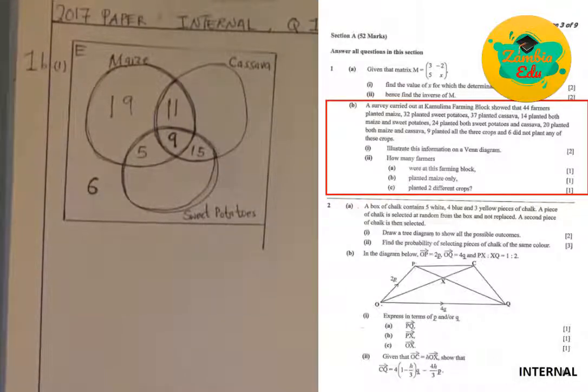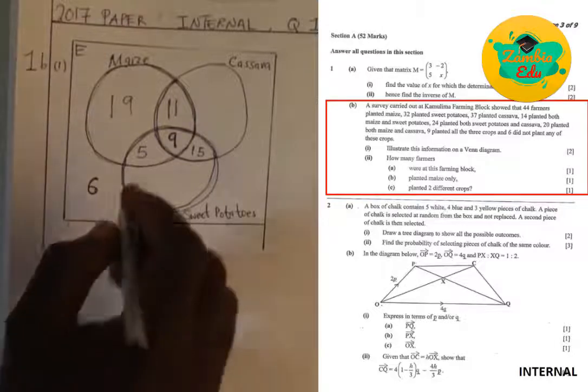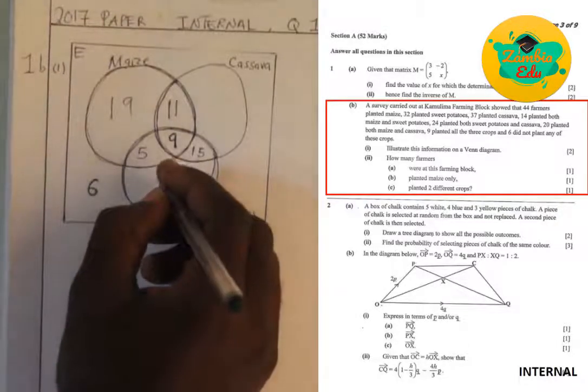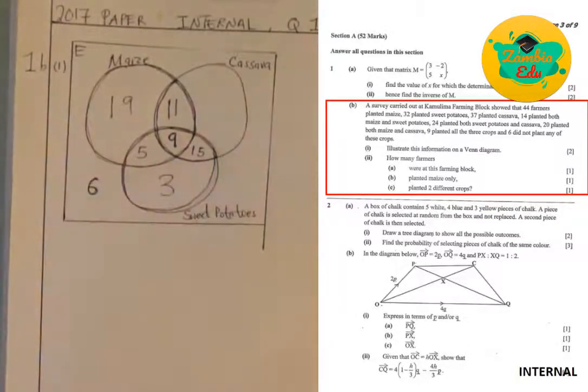We have 5 plus 9 plus 15. It gives us 29. So 32 take away 29 gives us 3.